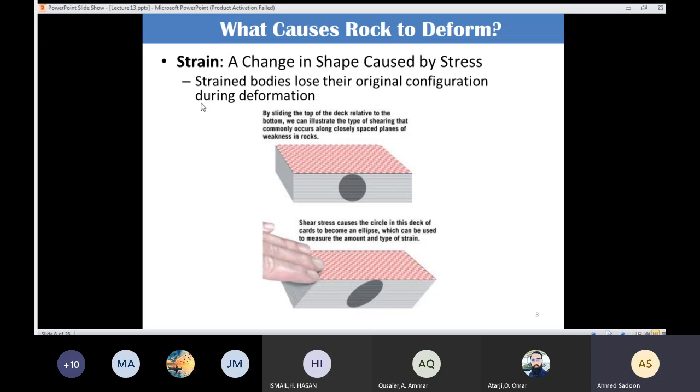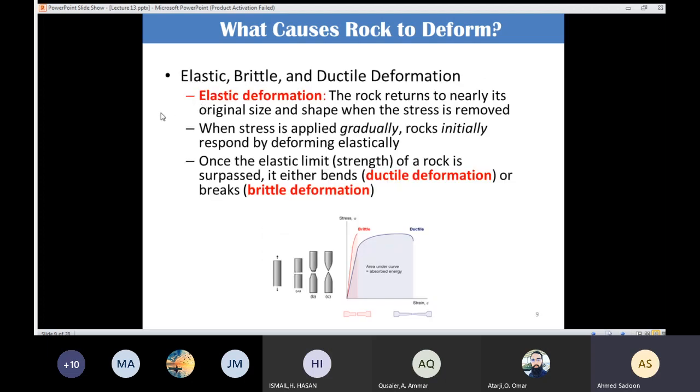Now we understand what stress means and what strain means, and we also learned about confining pressure and differential stresses. The last point, in order to understand the behavior of the rock, is to understand the difference between elastic material, brittle material, and ductile material.